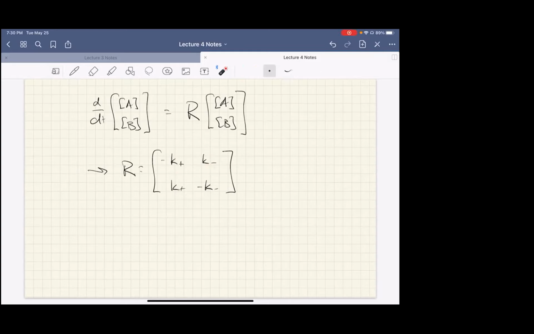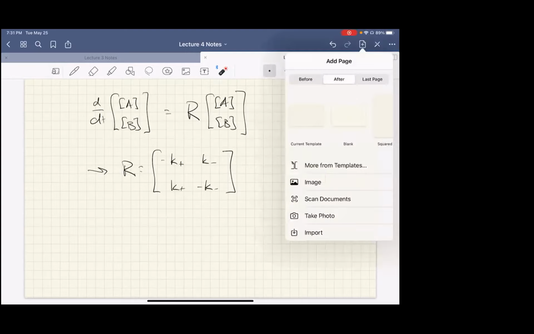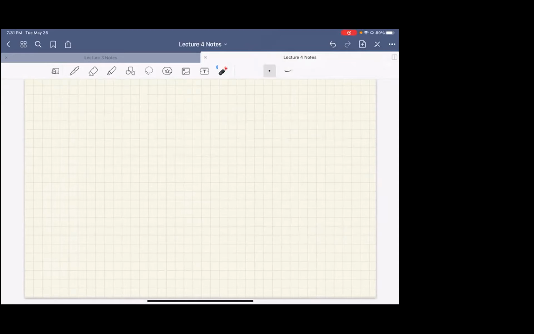Now, starting with these observations, which are just a review from last time, I just want to make two additional observations. One is we're going to talk about the steady state solution.